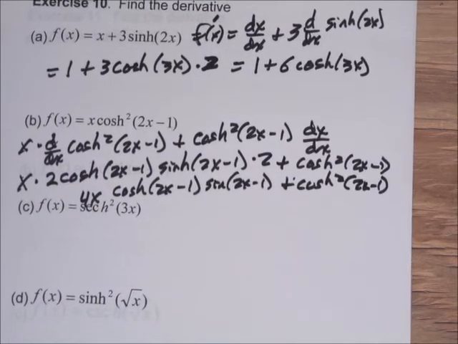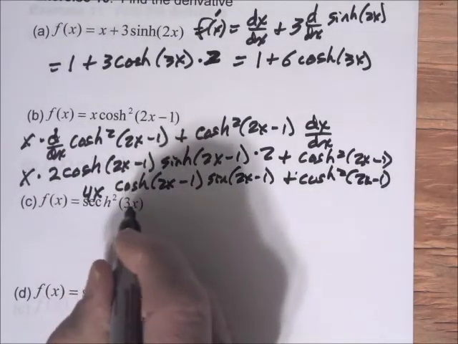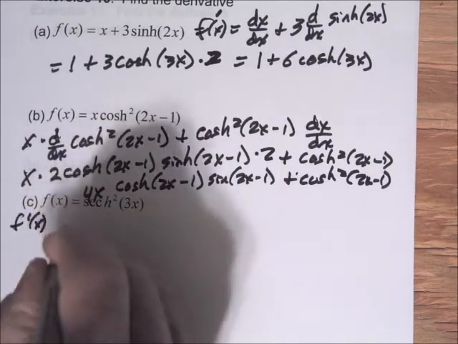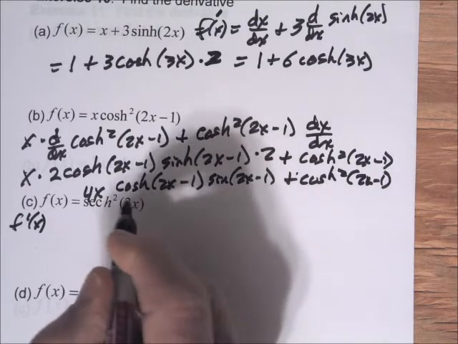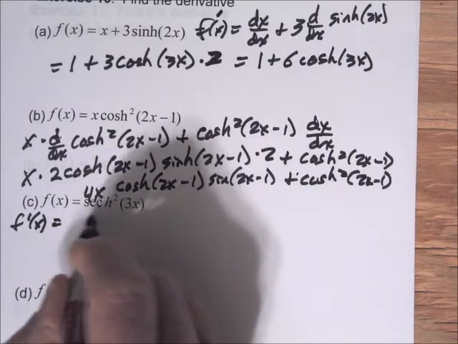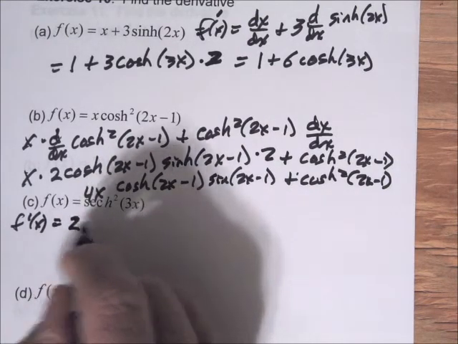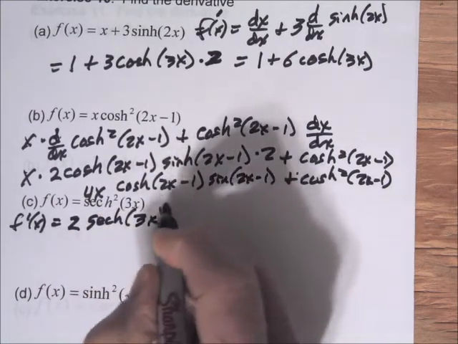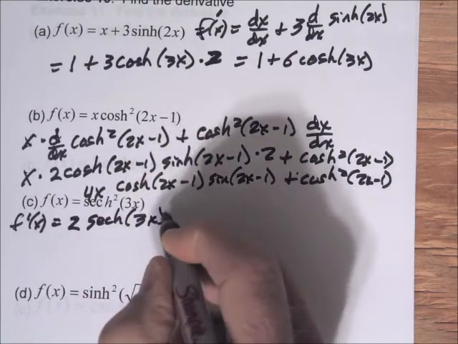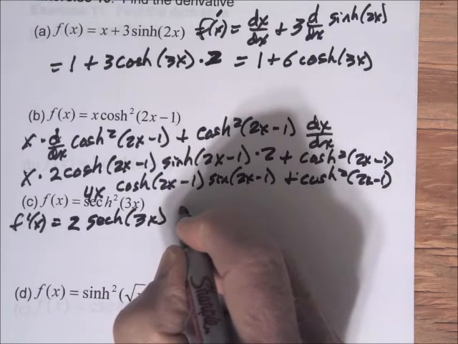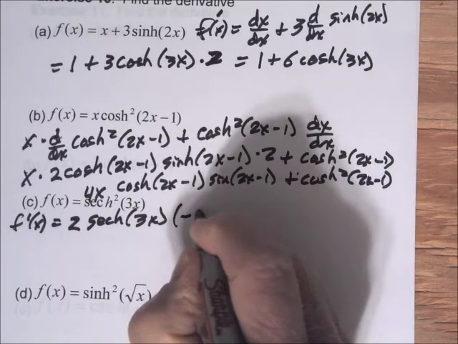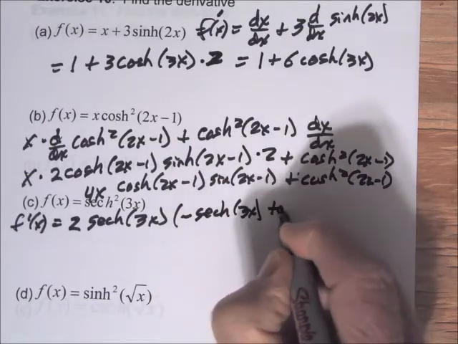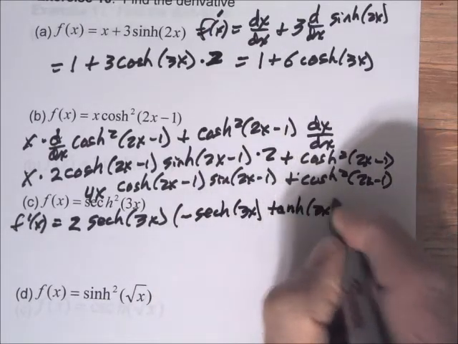If you have f of x is sech squared of 3x, f prime of x, so this is a double composite function again. The outside function is squaring, so this is 2 times whatever is squared, which would be 2 sech of 3x. And then derivative of sech is minus sech times the tanh, so it's minus sech of 3x, tanh of 3x.